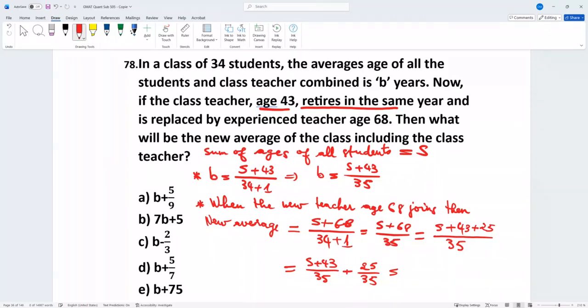And then this, we know that it's actually this one, B. So it's going to be B plus, and this, if we simplify this, it's going to be 5 over 7. 5 over 7 like this. So the new average is going to be equal to B plus 5 over 7. And as we can see, this is answer D, which is our correct answer.